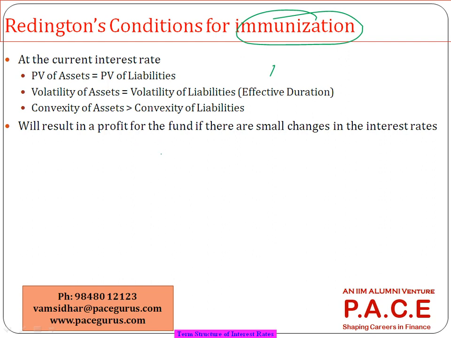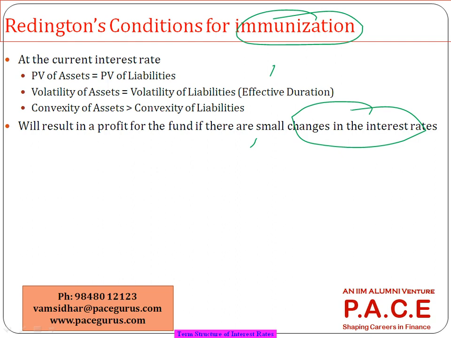What do I mean by immunization? If there is a small change in the interest rate, am I still protected? Even if there is an adverse change in the interest rate, am I still protected? Or is there a chance of gaining some kind of profit if the interest rate changes slightly?